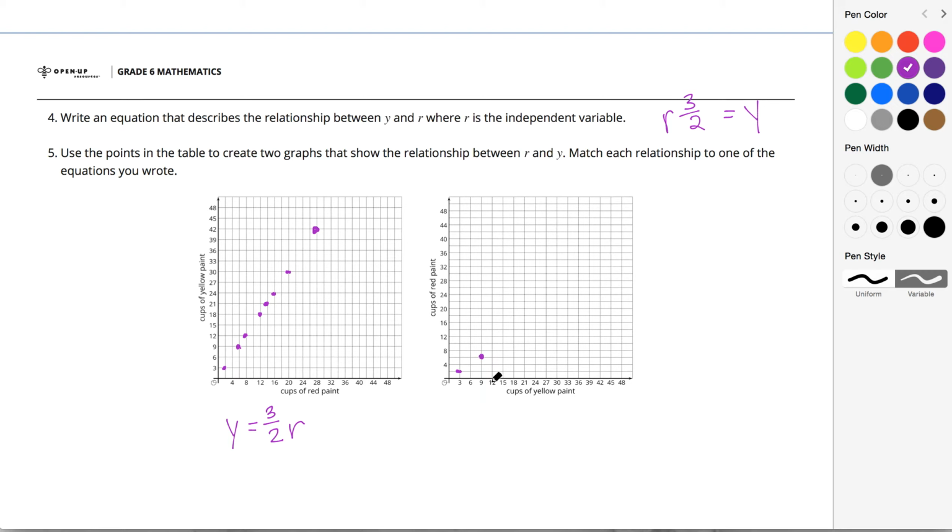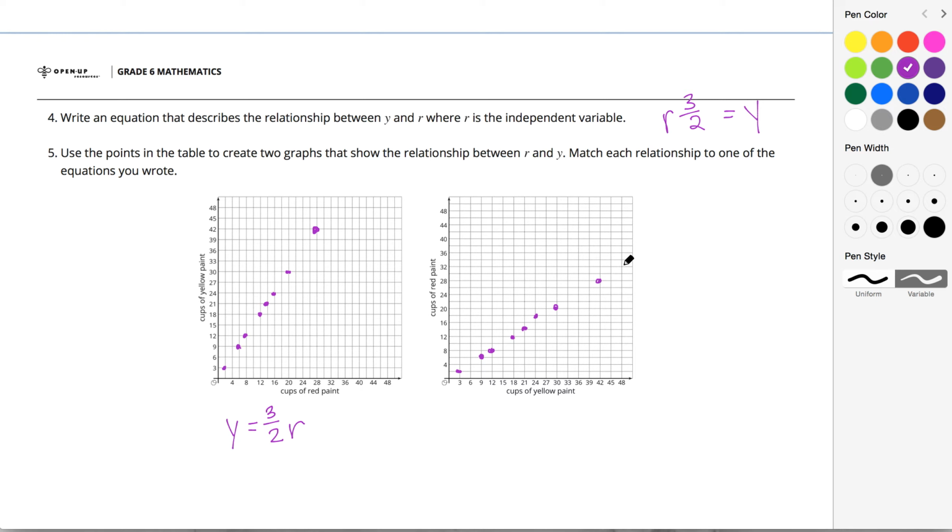Then there's 12 and 8. 18, 12. 21, 14. 24, 16. 30, 20. And then 42, 28.